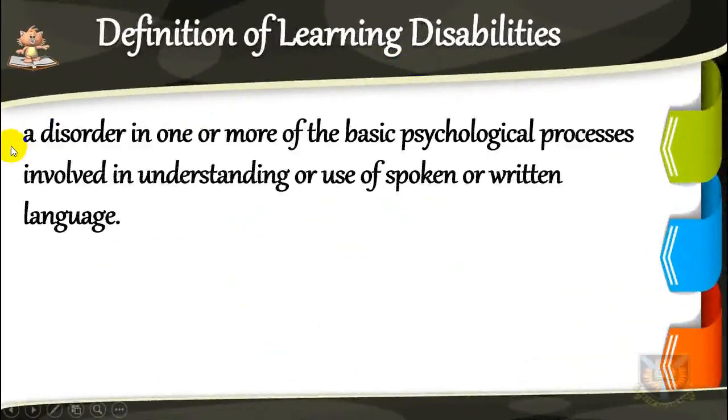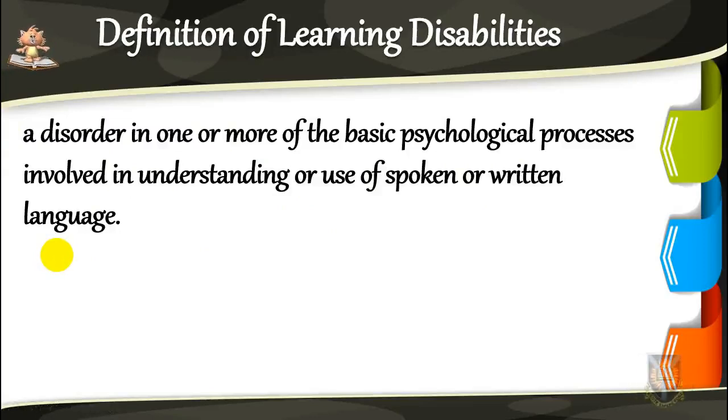Definition of learning disabilities. Despite federal regulations, the definition of learning disabilities is controversial. The U.S. government defines a specific learning disability as a disorder in one or more of the basic psychological processes involved in understanding or use of spoken or written language, which may be manifest as an inability to listen, think, speak, read, write, spell, or do mathematical calculations.